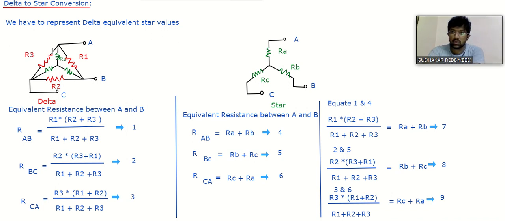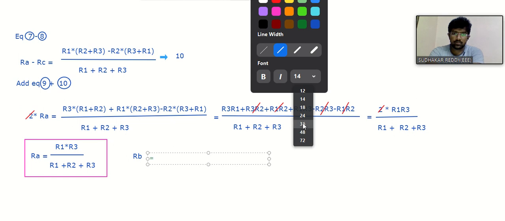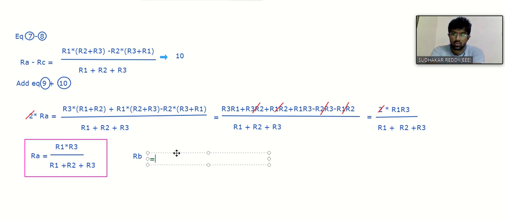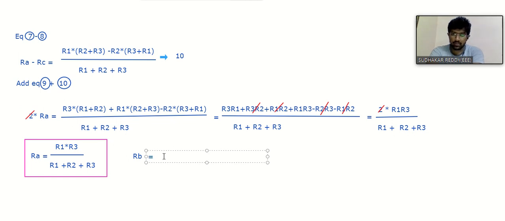With this analysis, I will write the expression for RB directly, without any problem. I don't want to add and subtract again.